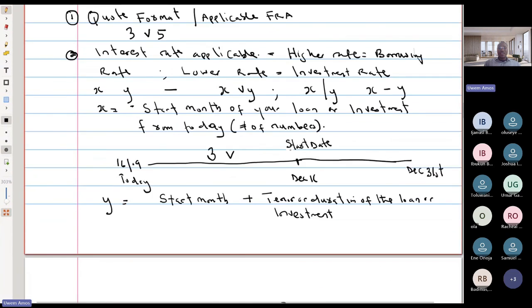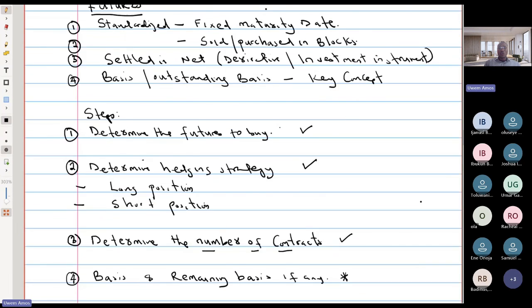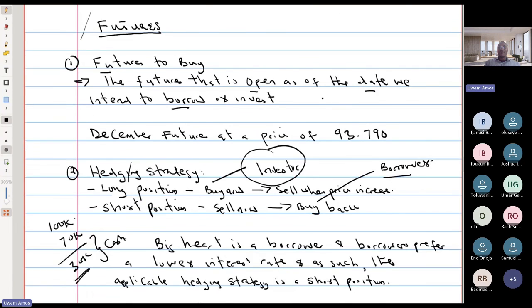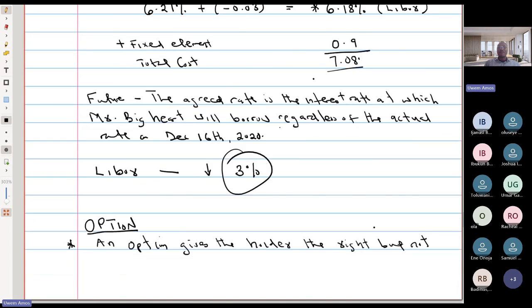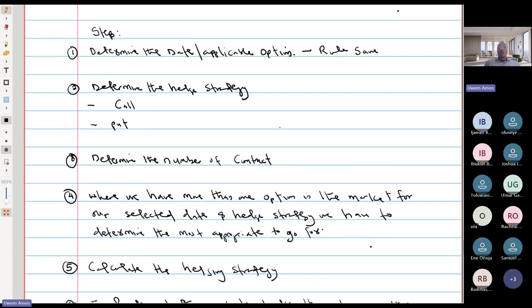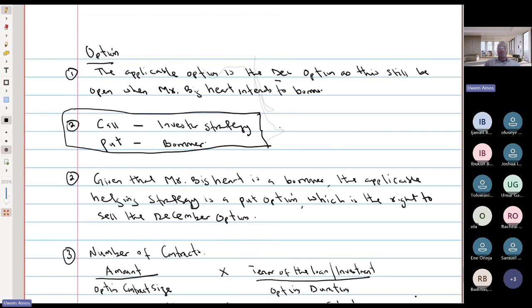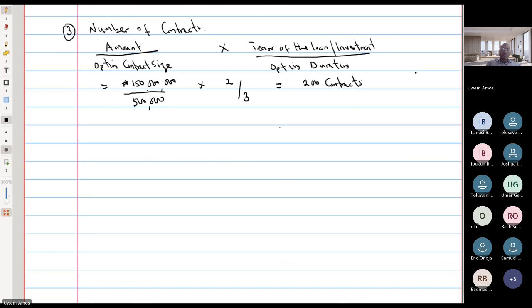So we're trying to determine which of these different options we should go for, because for the month that we need for our hedging strategy, they have more than one in the market. So that's our next step. If we had just one option in December, we wouldn't have to do step 4. We're only doing step 4 because we have more than one December put option in the market. Please take note of that.